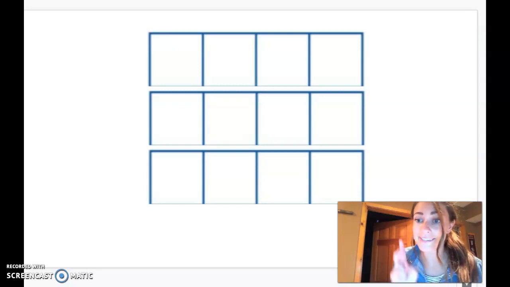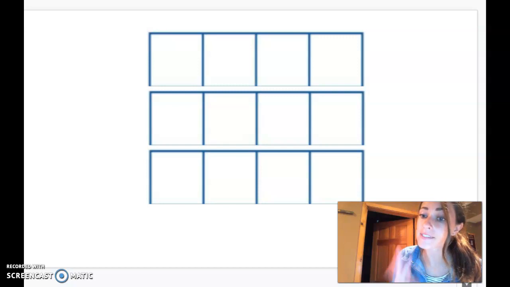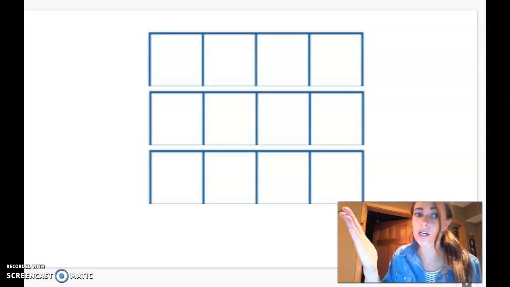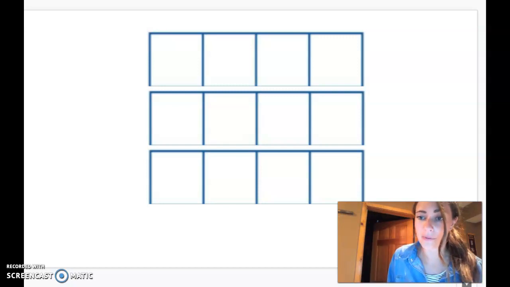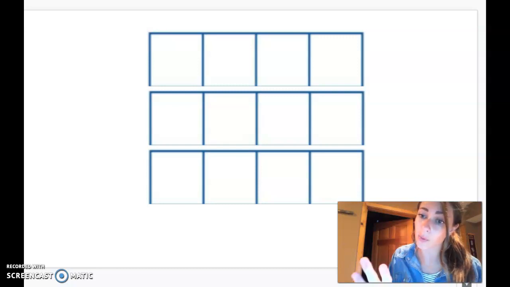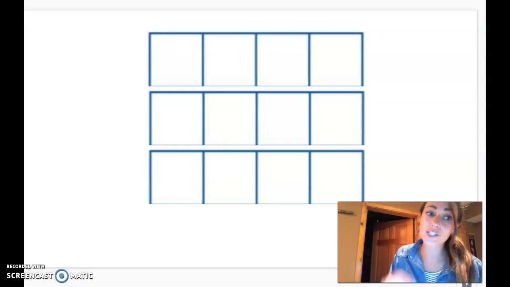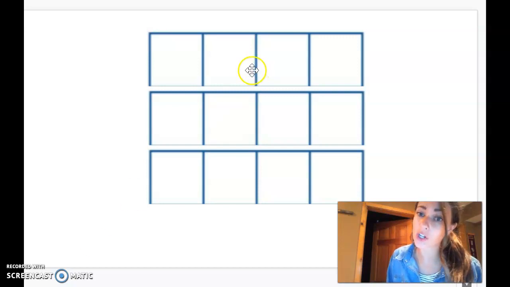They're the same size and shape, and they have the same number of squares inside each rectangle. So when a shape is divided into 3 equal parts, each part is called a third. Everyone say that with me. When a shape is divided into 3 equal parts, each part is called a third.